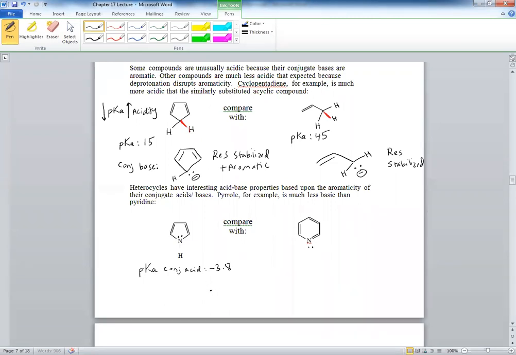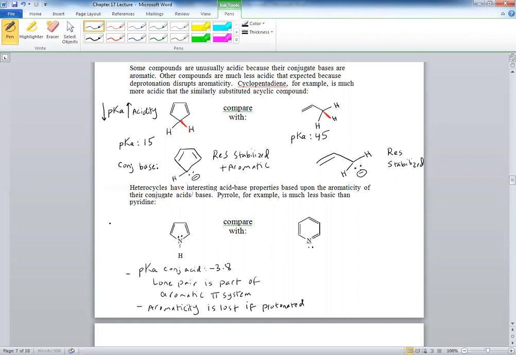The reason why is because the lone pair, if you recall in pyrrole, is part of the aromatic system. And aromaticity is lost if protonated.